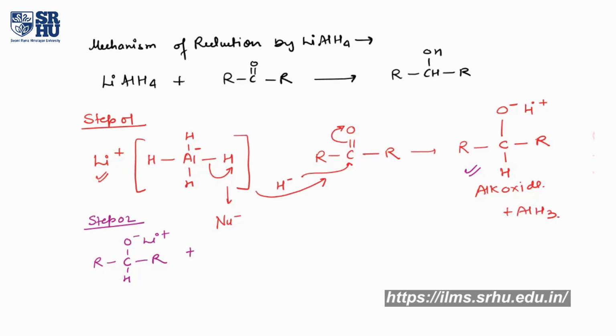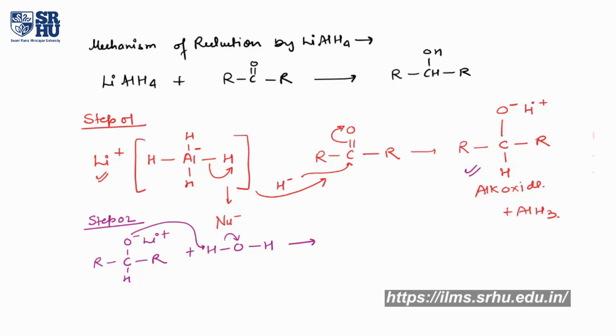For this reaction, we can use water, but care must be taken that it must be added slowly. So water must be added. So what will happen is that oxygen will take away the electron, and this negative ion will attack on this positive ion.